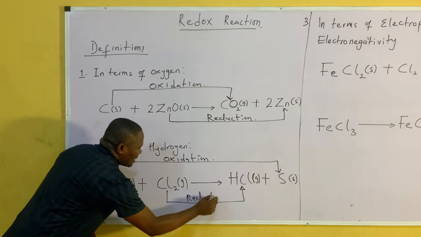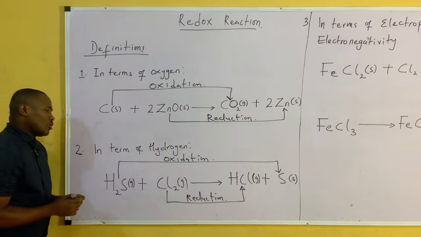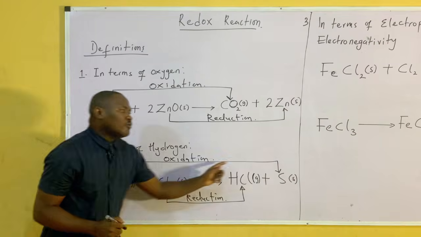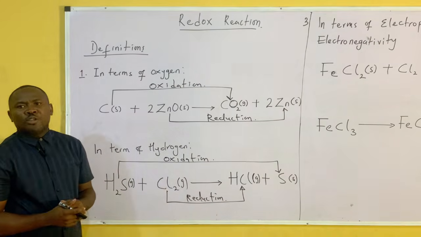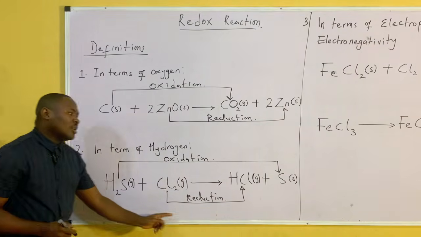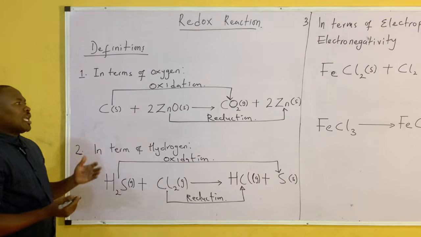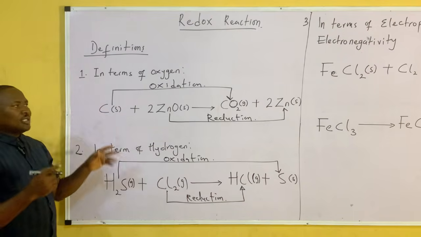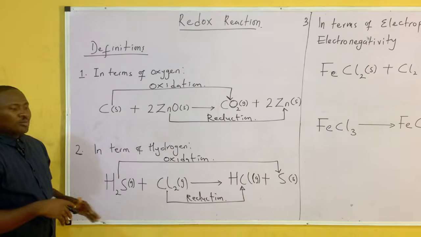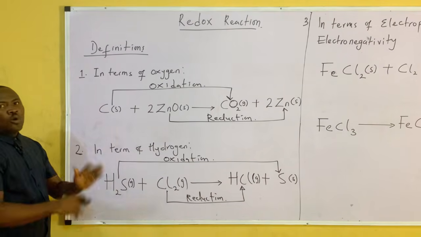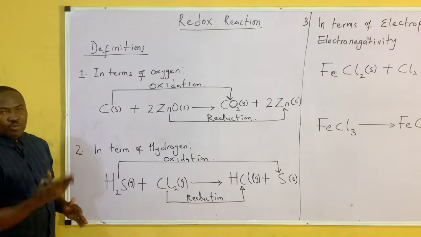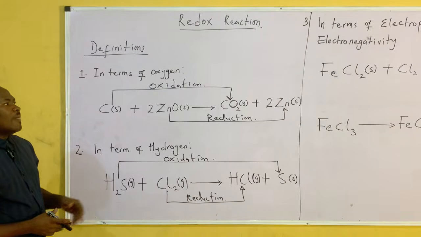So it means that in terms of hydrogen, oxidation is the removal of hydrogen from a substance, while reduction is the addition of hydrogen to a substance. Now it means it's the opposite. In oxygen, we are adding, but in hydrogen it is removing. That's the remover. That's what we call oxidation.